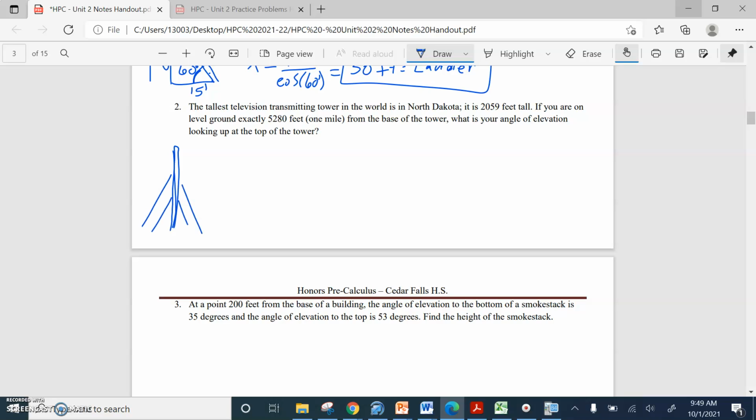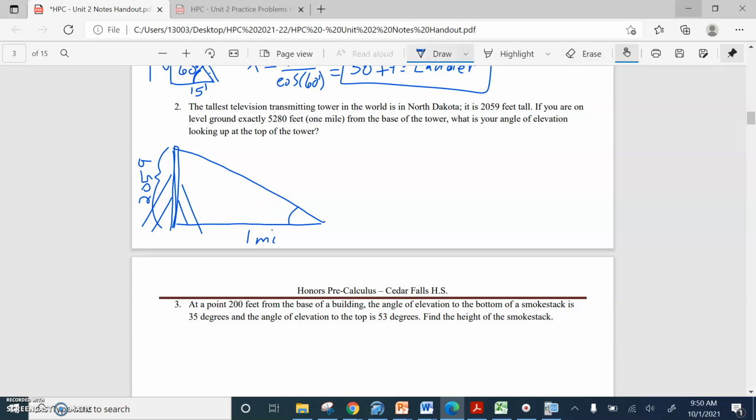But what it's saying is if you are on level ground exactly a mile away, so here we are 1 mile away, and we look to the very, very top, we are going to assume this number is accurate, 2,000, oh, no, sorry. This number here is 2,059 feet. There.